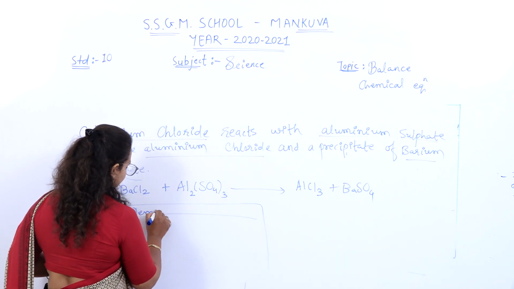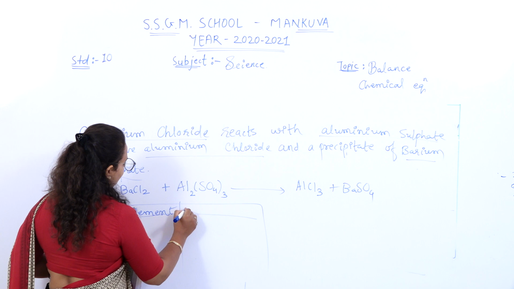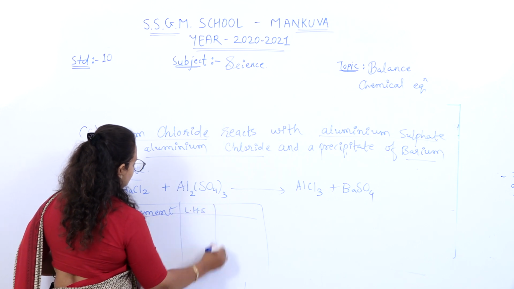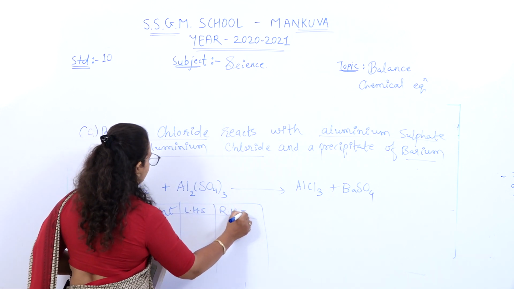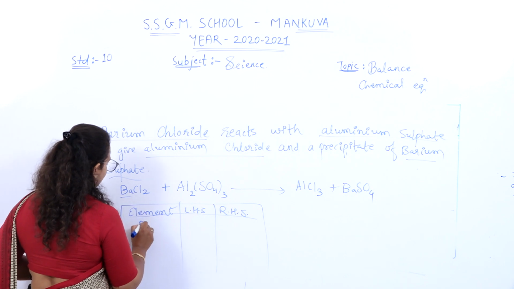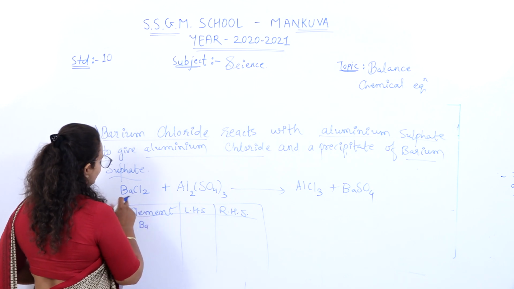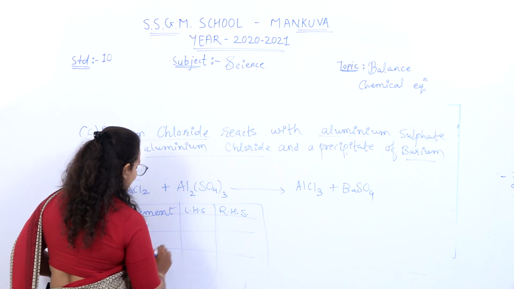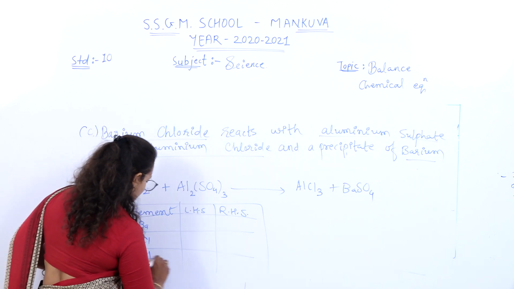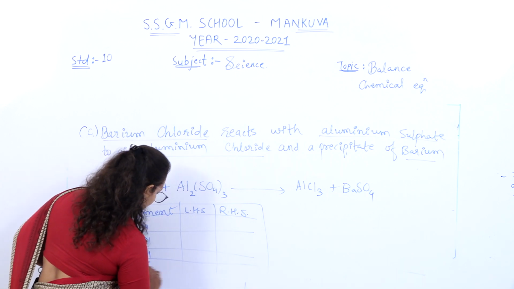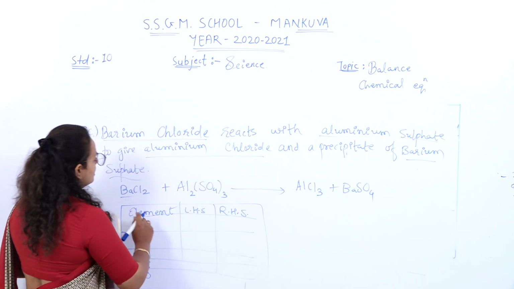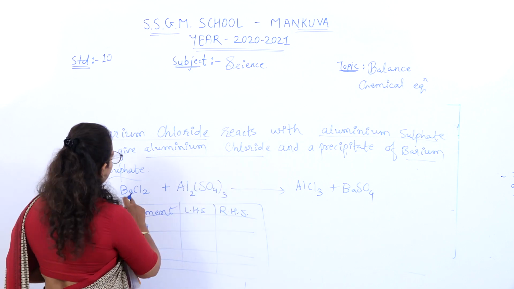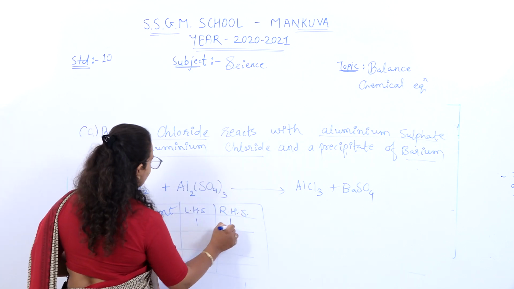Now make a table. Element, left hand side, right hand side. Which elements are present? Let us start from the first one, barium, then chlorine, then aluminium, sulfur and oxygen. Barium, how many bariums are present? 1, right hand side 1.